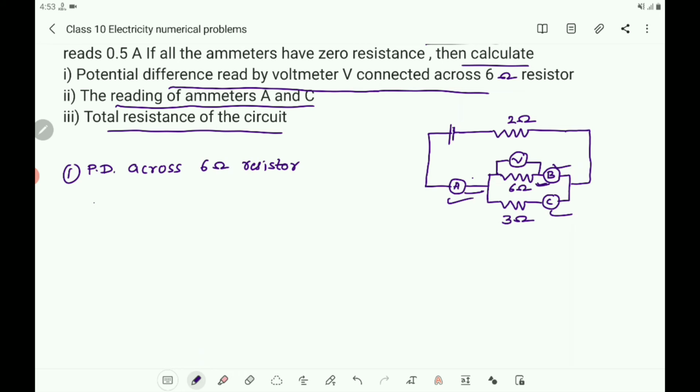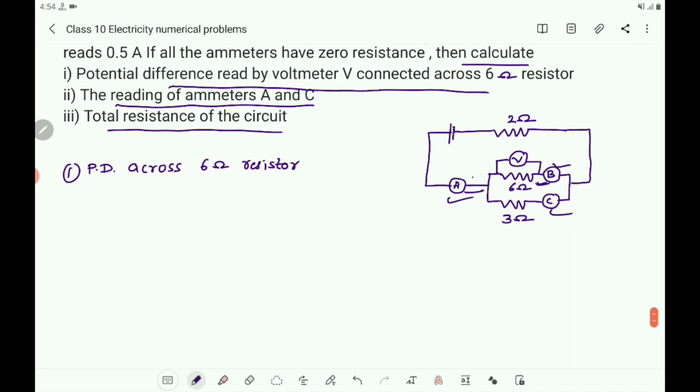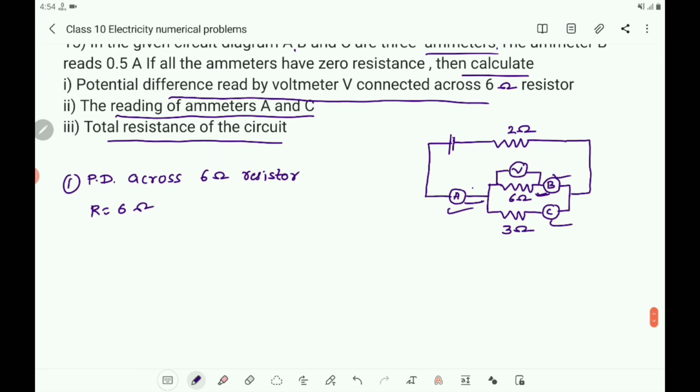So you write V6. Note down what is given: R is equal to 6 ohm, and current I is equal to 0.5 amps. Then V, the potential difference across 6 ohm resistor, is to be found.